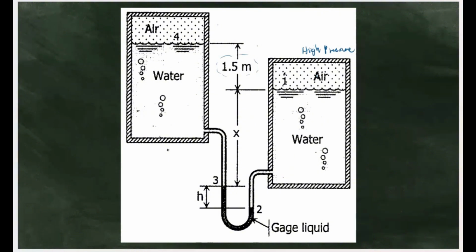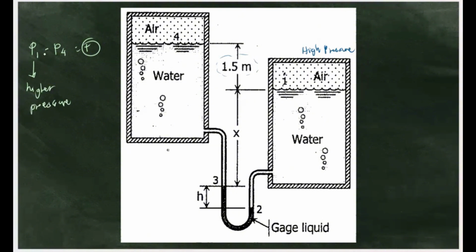So, ibig sabihin, yung difference ng pressure, kung ito ay 0.1, yung difference ng pressure 1 at pressure sub 4 should be a positive value. Bakit? Sabi, pressure sub 1 daw or tank na merong 0.1 is higher ang pressure than pressures na meron doon sa kabilang tank na sa kaliwa.